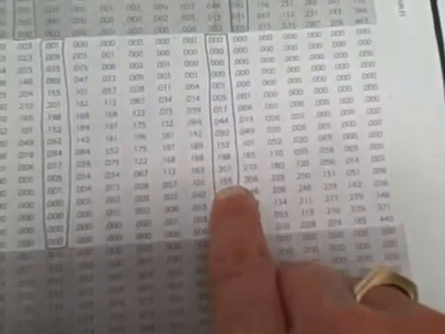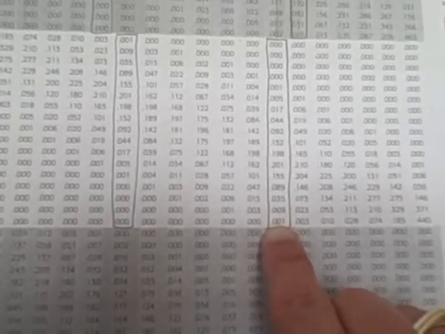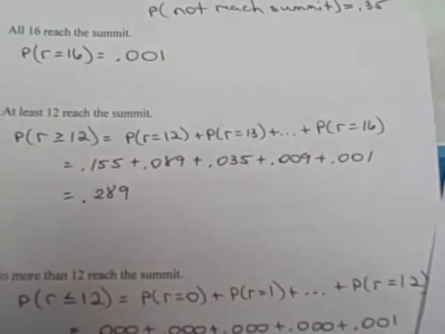Under n equals 16, the probability of r equal to 12 is 0.155, plus r equals 13 is 0.089, plus r equals 14 is 0.035, plus r equals 15 is 0.009, plus r equals 16 is 0.001. Those numbers come right out of the table. When we add those up, we get 0.289.